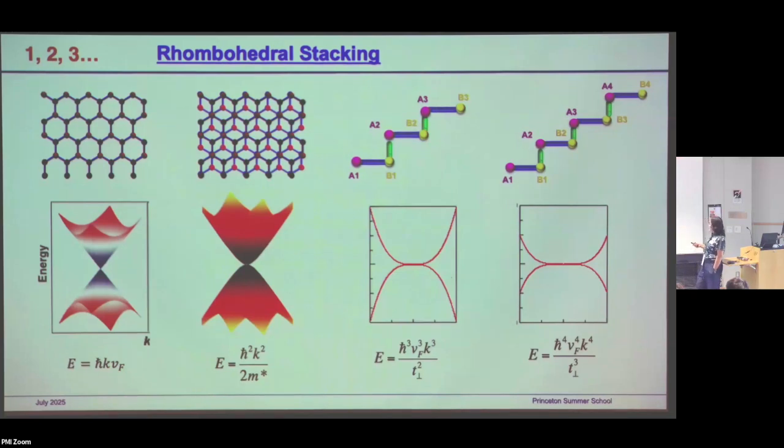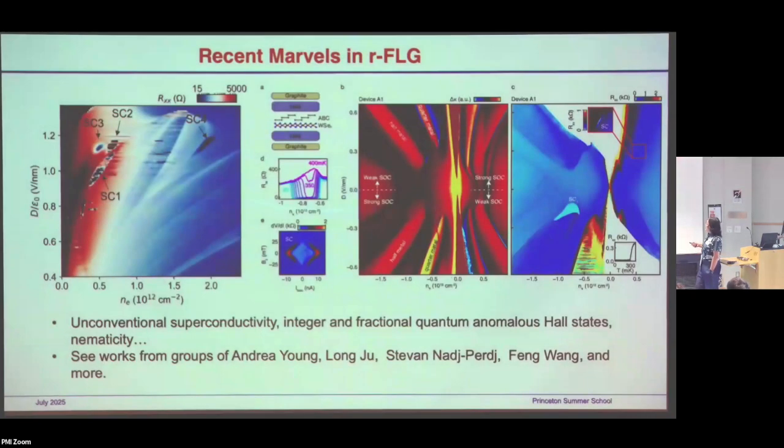I'm not going to tell you much about this, since you've probably heard about it many times before. Recently, in pentalayer in particular, and I think now including tetralayer and also six-layer hexalayer graphene, they have seen unconventional superconductivity, integer and fractional quantum anomalous Hall effect, nematicity, etc. There are also pockets of superconductivity behaving differently.